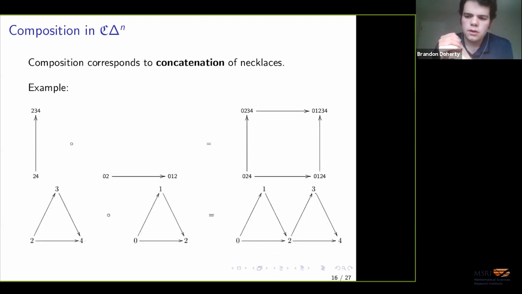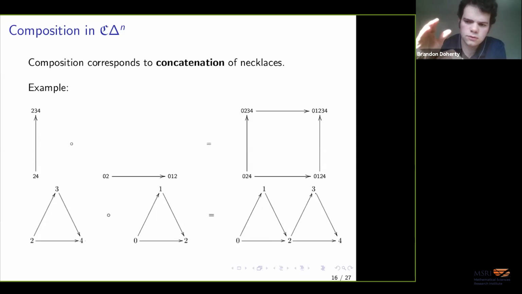One more example of a composition in C delta n. Here we have a pair of edges that are composing to give a 2 cube. The way we would view this is each of those edges corresponds to one of these 2 simplices. And the composite we can view as corresponding to this necklace where we've stuck those two simplices together.